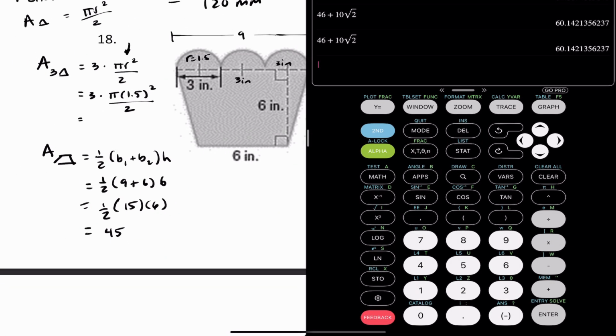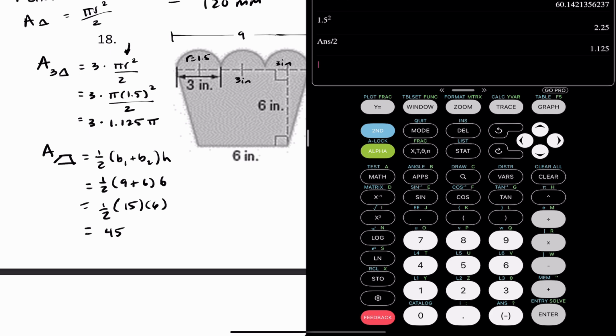So I have 1.5 raised to the second power. It's 2.25, and we're dividing this by 2. Okay, we'll slap on the pi later. Okay, so I have 3 times 1.125 pi.